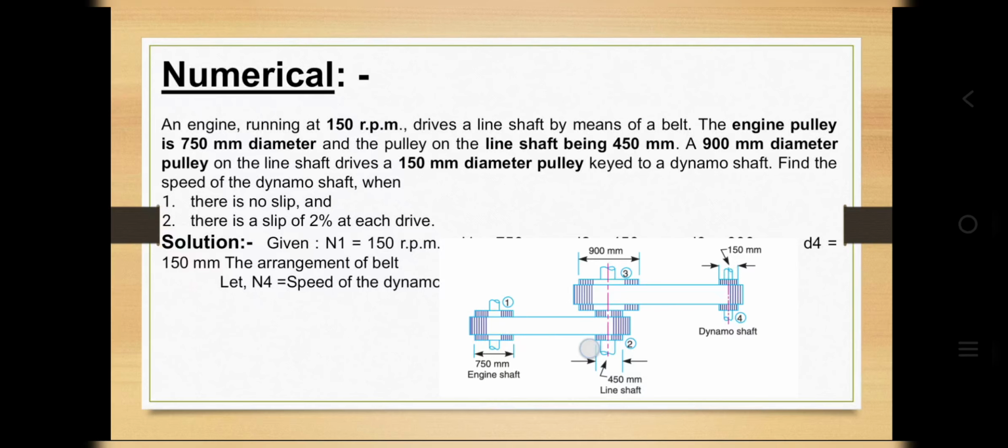And D3 is connected to the dynamo shaft, that is D4. So what was given? N1 is given, meaning 150 rpm, the speed of drive 1. We have to find the speed of the dynamo shaft, meaning N4, the speed of drive 4.